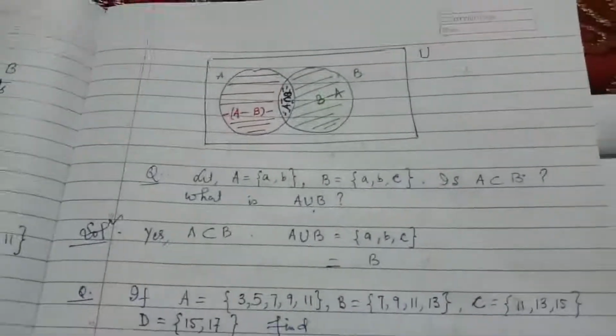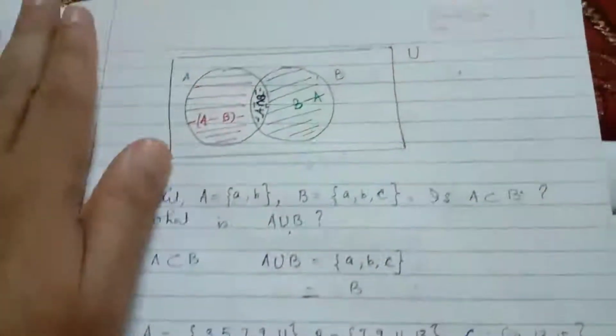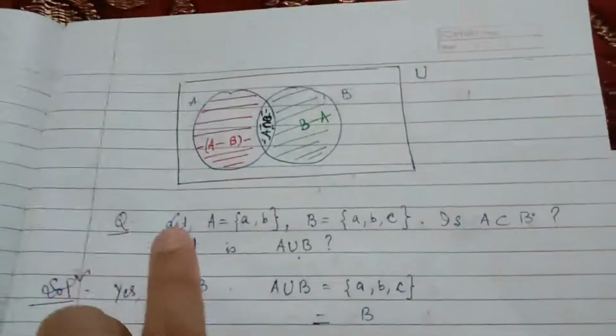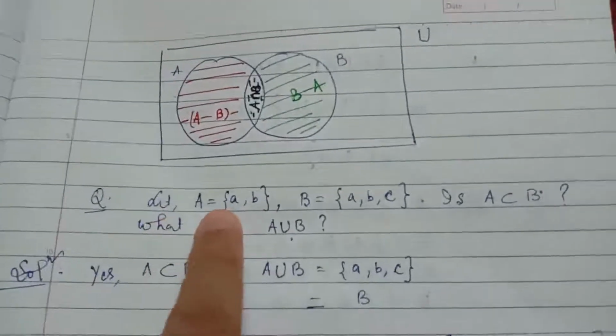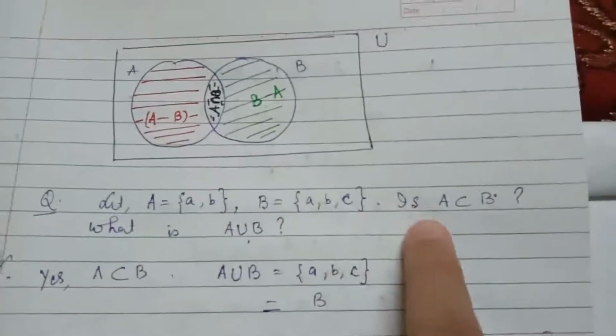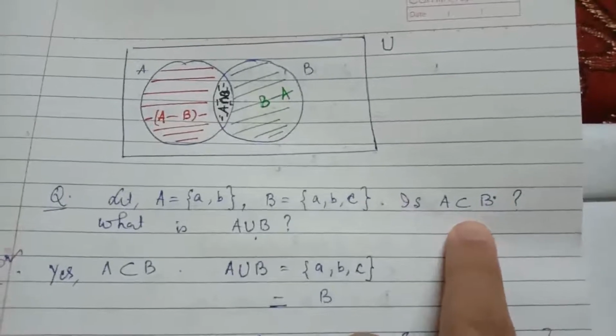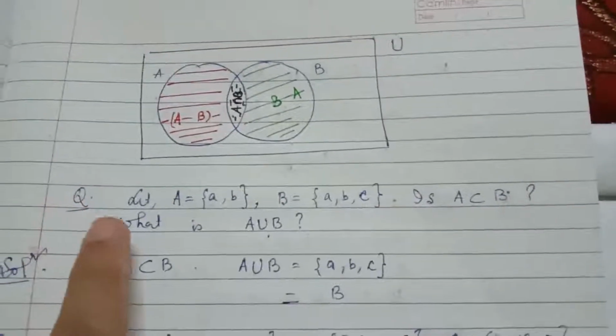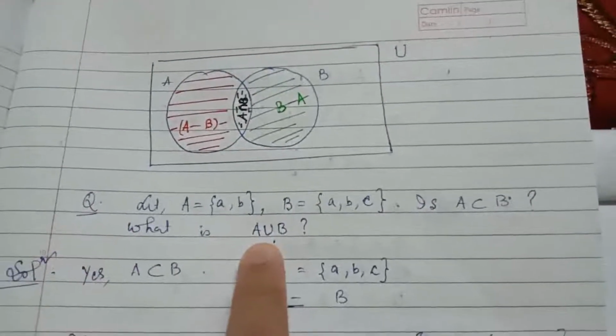Okay. Next, I've taken a question from the NCERT book. A equals {a, b}, B equals {a, b, c}. Is A a subset of B? What is A union B?